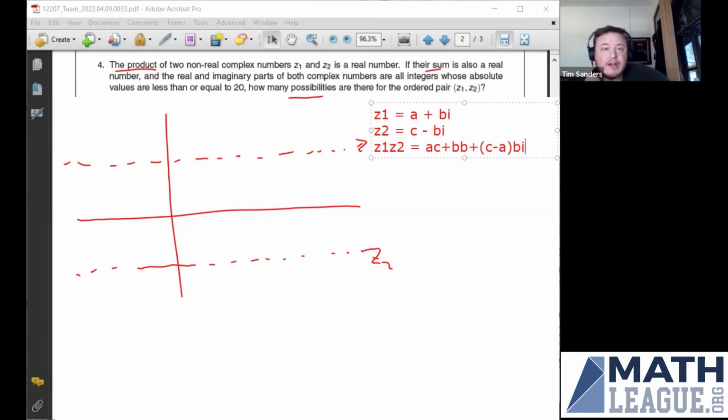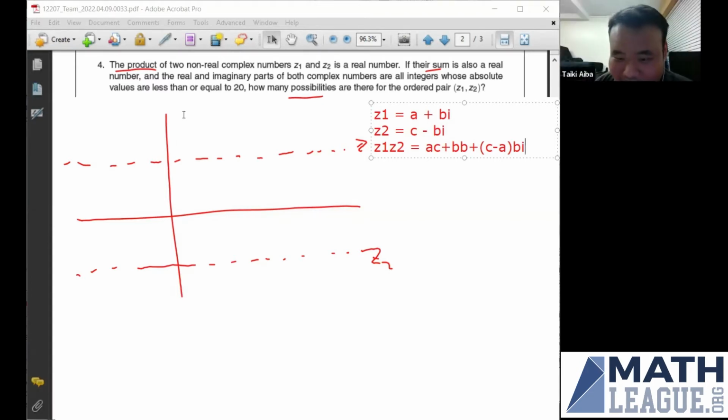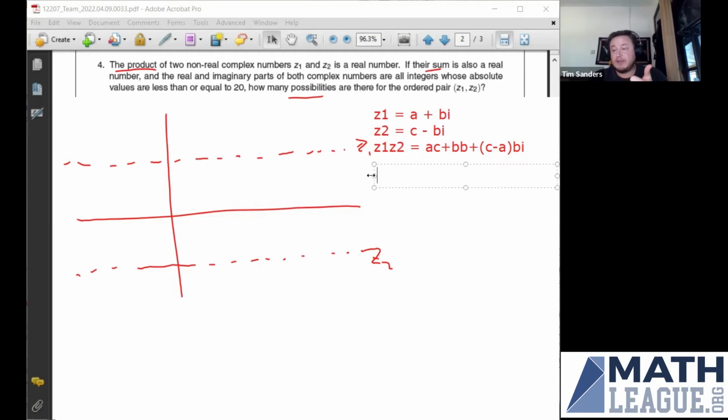Okay, and that product has to be real. So what do we know? We know that C minus A, quantity times B, is 0. Right. So either C minus A is 0, meaning that C equals A, and therefore Z1 and Z2 are conjugates.